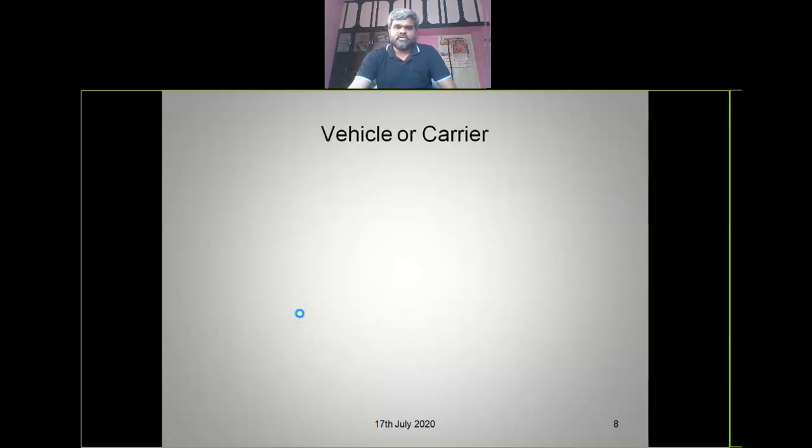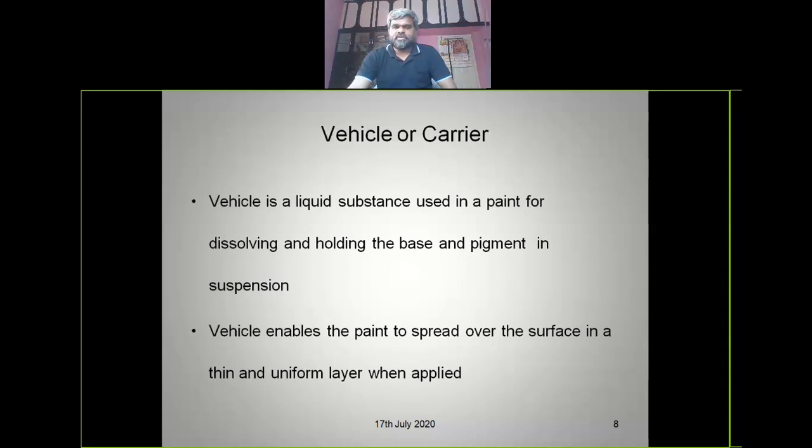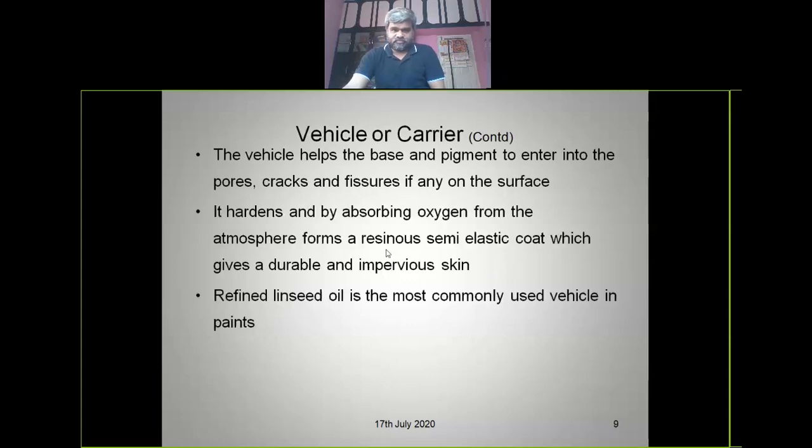Next, vehicle or carrier. Vehicle is a liquid substance used in a paint for dissolving and holding the base and pigment in suspension. Vehicle enables the paint to spread over the surface in a thin, uniform layer when applied. Actually, base is a thick layer, so to make a durable, thin layer we are using vehicle or carrier.